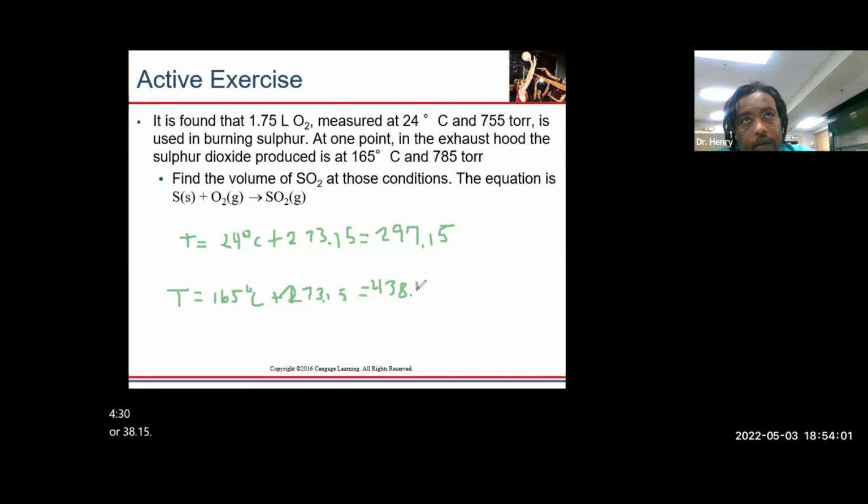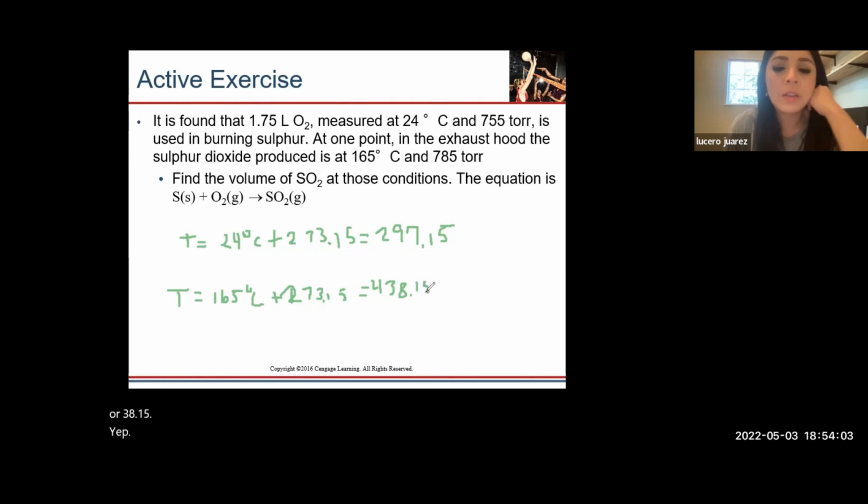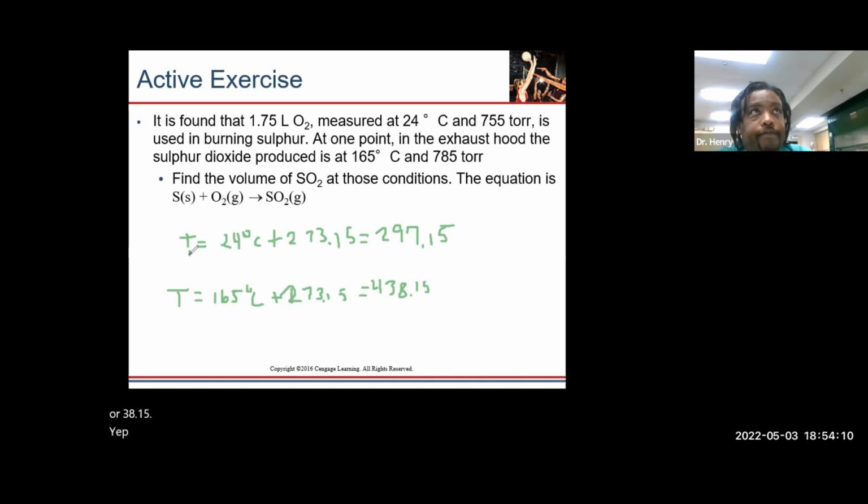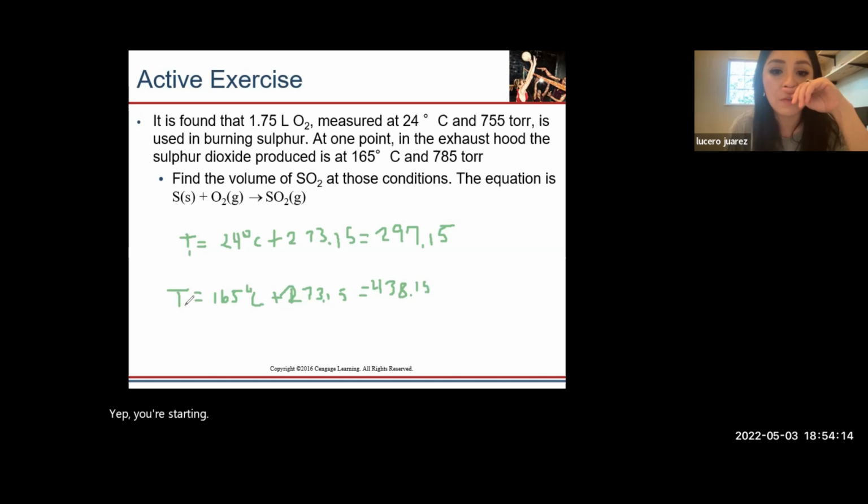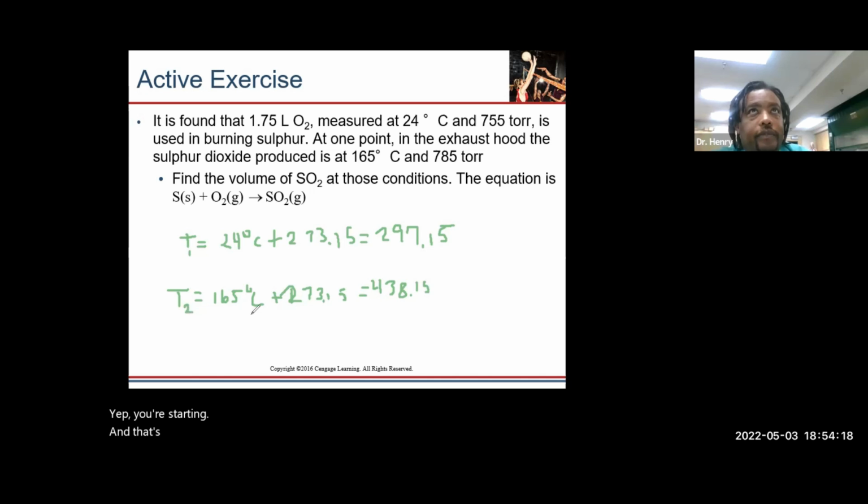Yep. The 297.15, that would be T1, right? Yep. You're starting. And T2 would be the 165 plus 273.15. Good job.